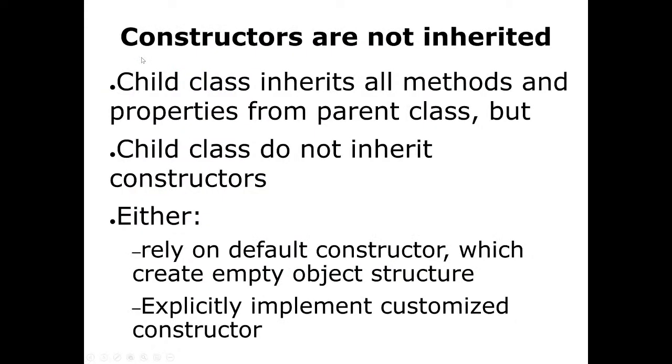Yeah, one thing: constructors are not inherited, but the constructors, as we tested yesterday, call the constructors of the superclass, even if we don't ask them to do it, right?